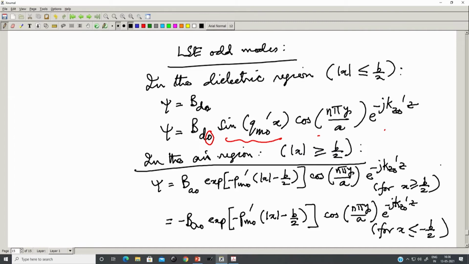So, here QME prime, PME prime, QMO prime and PMO prime are the eigenvalues of the characteristic equation for the LSE even and odd modes. We have already seen that.